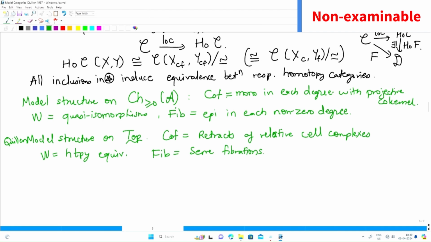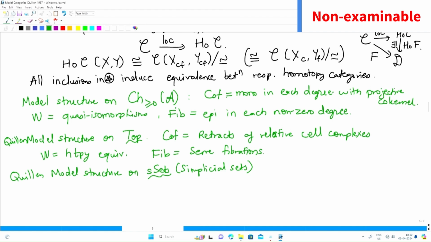So, Quillen model structure on sSet, simplicial sets. I think we have never talked about simplicial sets in the class.